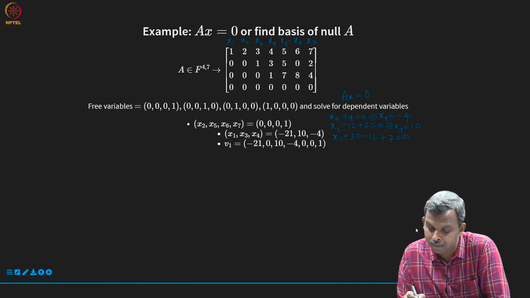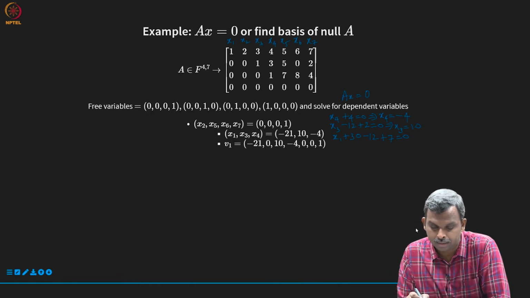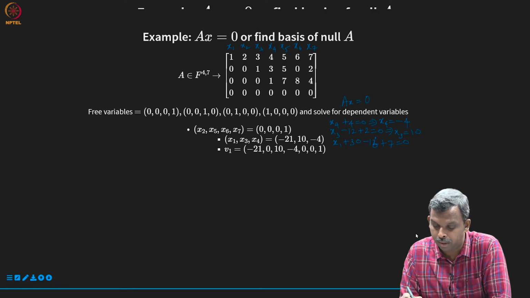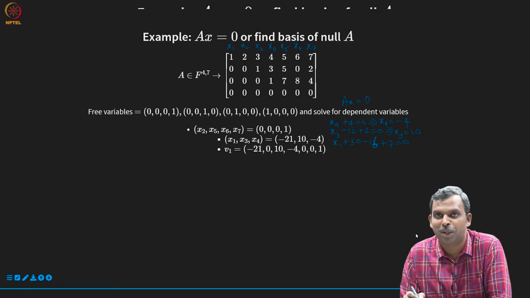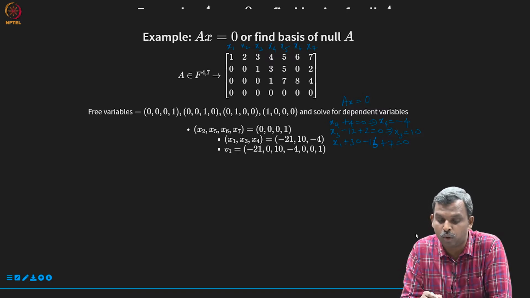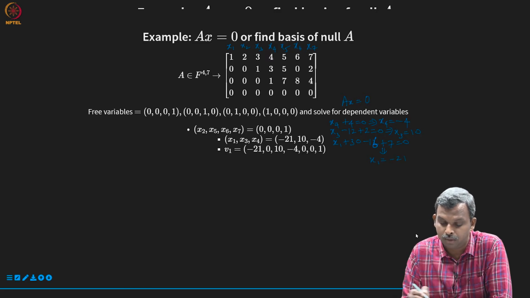Maybe I made a small mistake here. Let me just check that once again. So you have x1 plus 30 minus, oh no, this is not 12, this is 16, because it's 4 times minus 4, it's minus 16. Yeah, you're right, so that's correct. So I didn't make a mistake. So x1 plus 30 minus 16 plus 7 equals 0, and that will give you x1 equals minus 21. So that's what I got here.